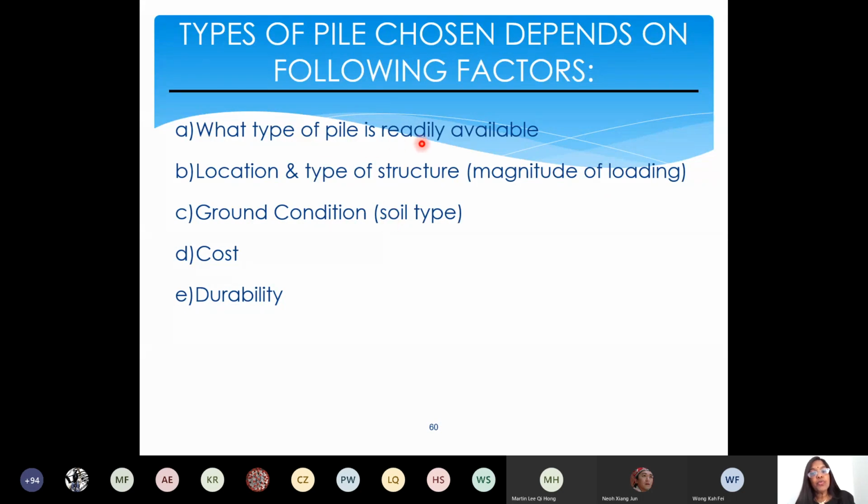What type of pile is readily available? That's why the supplies. Sometimes the contractor supplies all the concrete piles. You need to face that sometimes. So see whether the strength is okay, whether you can increase the number of piles, the spacing and so on, and manage with it. Location and type of structure, magnitude of loading, that's most important.